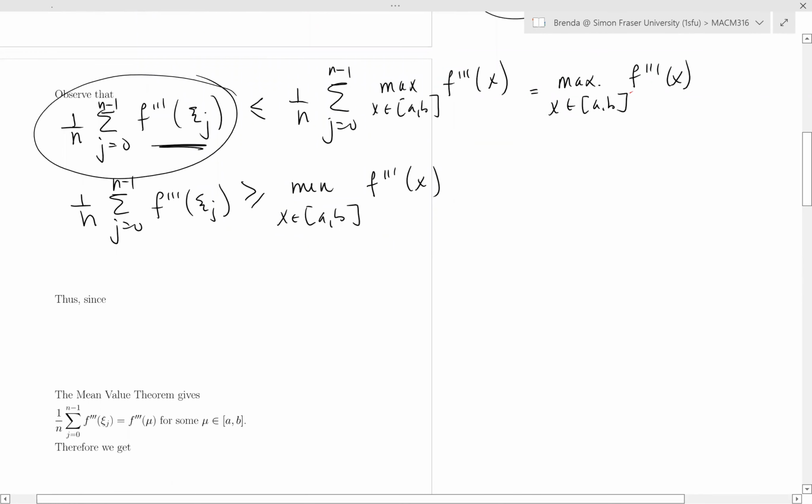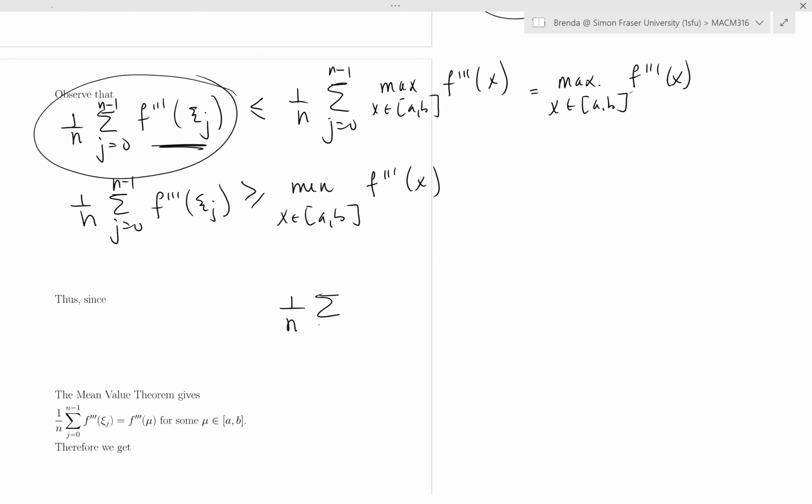So we've got 1 over n, write that out here. We've got an upper bound, and we've got a lower bound.